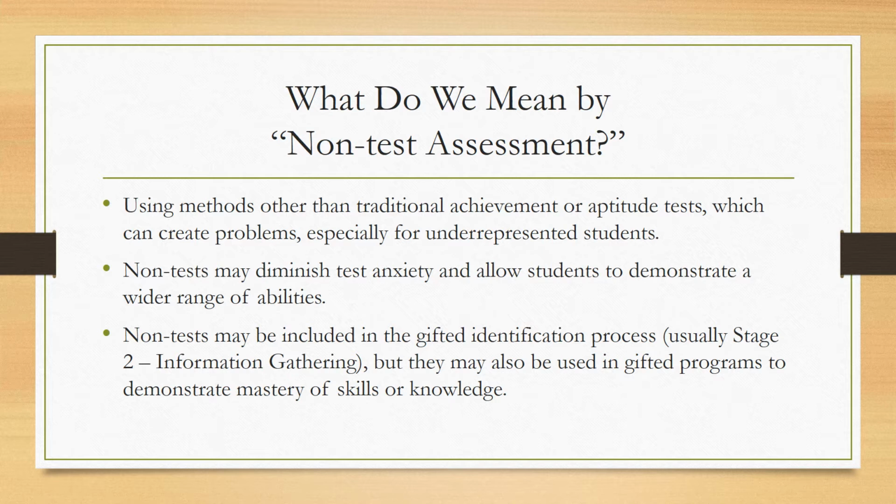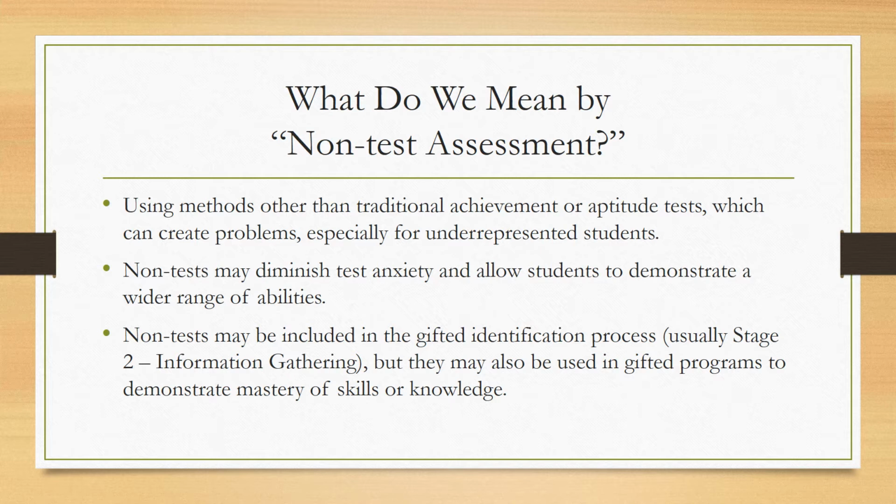So how could you use them? Well, two ways. You could use them in the gifted identification process, usually in stage 2. Remember, you'll recall that stage 1 was nomination or universal screening, and stage 2 focuses more on information gathering.